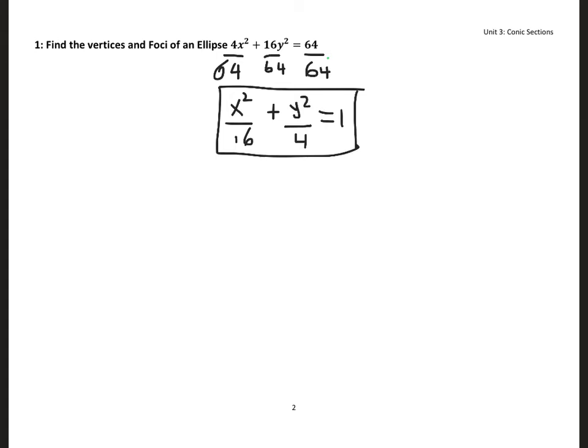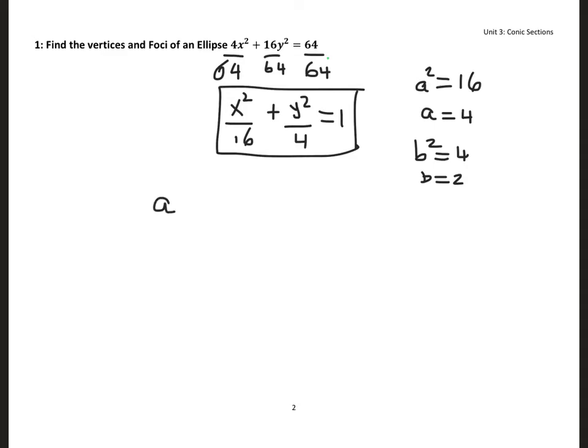So I just need to know that a squared is equal to 16, so a is equal to 4. b squared is 4, so b is equal to 2. I know that information. I also need to find c.